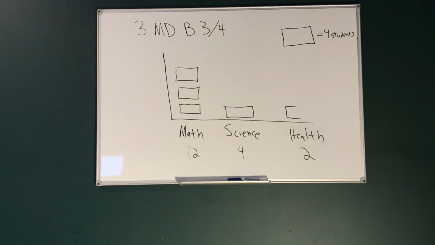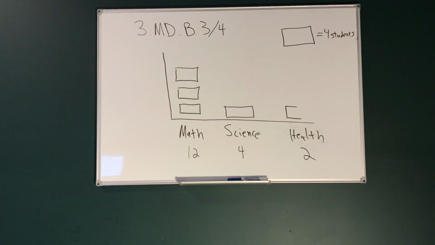Now, with this lesson, after you've broken down the data this way, you're going to have questions to answer. So let's think of some questions that you might see when you are working on this assignment independently. For example, one question might say, how many more students picked math than picked health?